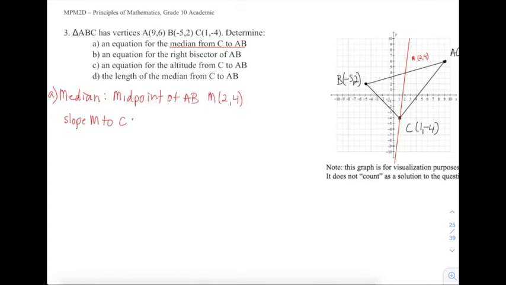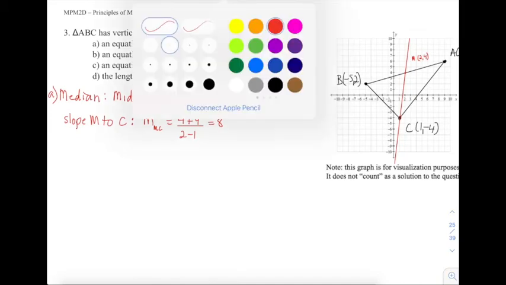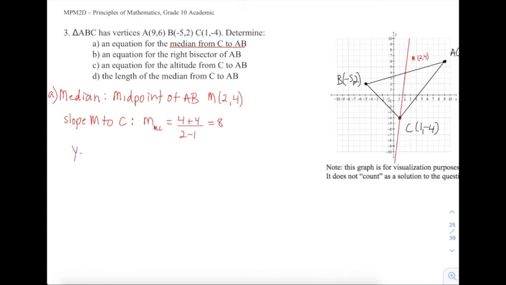So let's calculate that. Lowercase m of MC is 4 minus -4 divided by 2 minus 1. So we've got 8. That seems right. y minus y1 equals m times x minus x1.